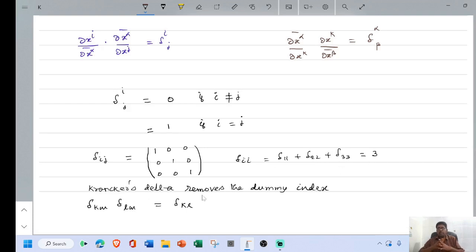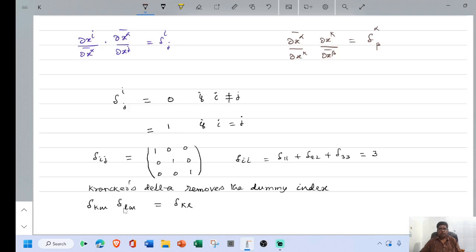Kronecker delta removes the dummy index. See this, delta km into delta lm. Here m is the dummy index. So these two are reduced to delta kl. If you consider this equation, if k equal to m, the value of delta km is unity.